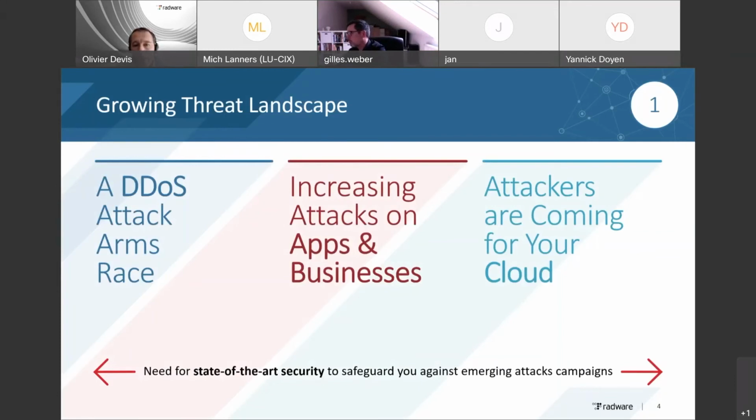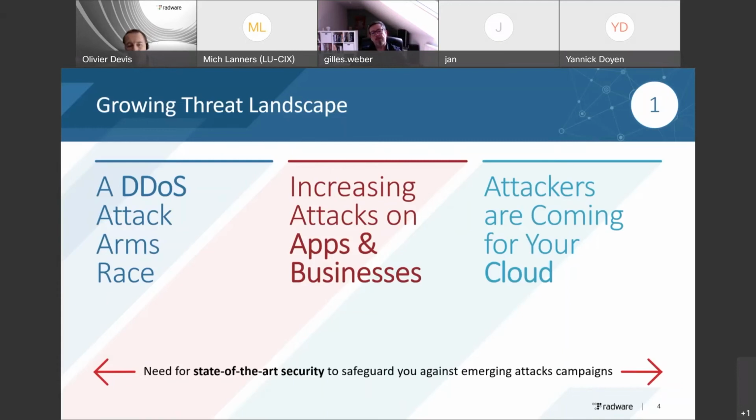There is a move from DDoS attacks towards attacks aimed at the applications themselves, the layer 7s, which definitely increased. They are also aiming towards the cloud, with assets moving there, think about Kubernetes developments. It presents challenges that we might not yet be aware of, which I'm going to share with you.